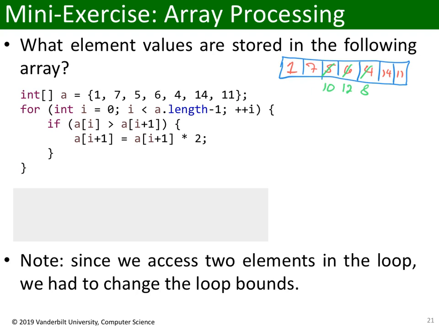I takes on the value 5. Is 5 less than 6? Yes. Is element 5 greater than element 6? So is 14 greater than 11? Yes. So therefore we will double element 6 and store it in element 6. So 11 becomes 22.